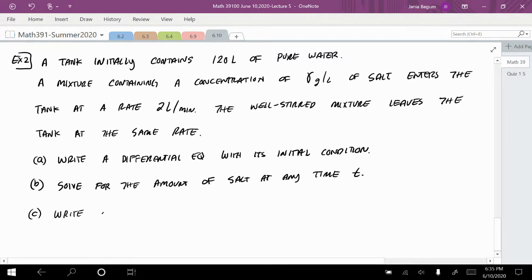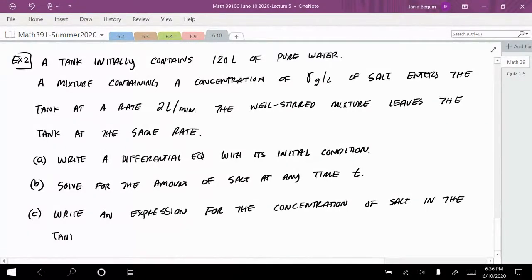Let's write an expression for the concentration of salt in the tank at any given time t.